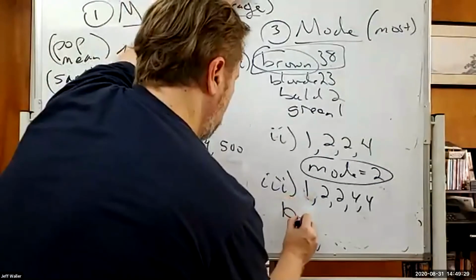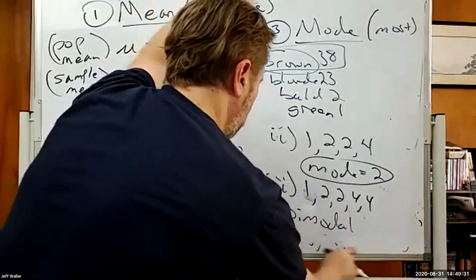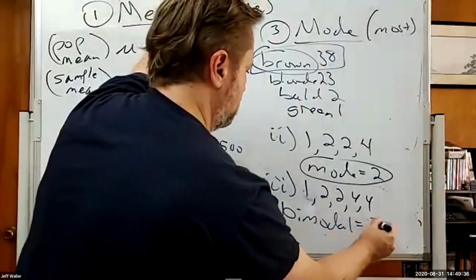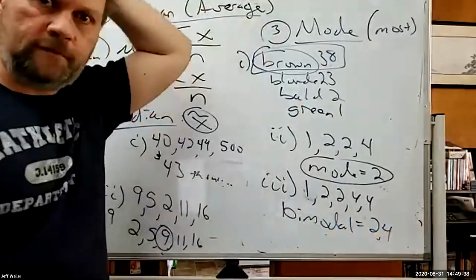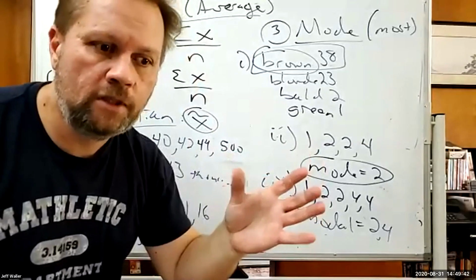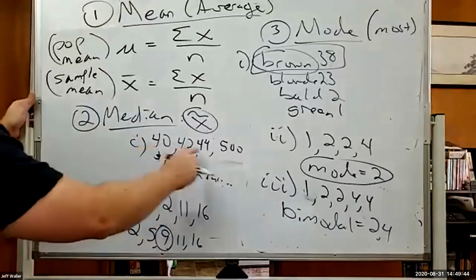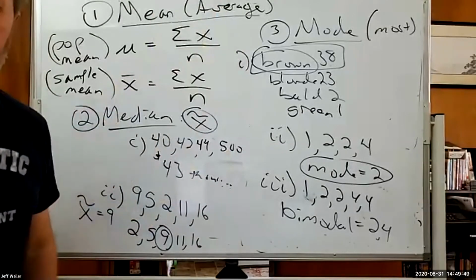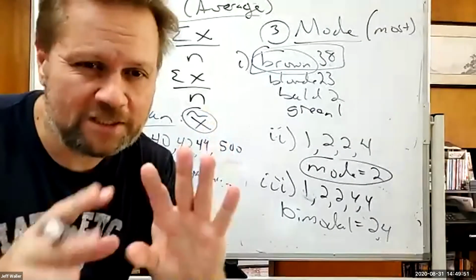It's bimodal, right? It's bimodal because it's got 2 modes, 2 and 4. And then we can also have trimodal. There can also be no mode. Is there a mode here? No. If it goes above 3, we just say there's no mode.